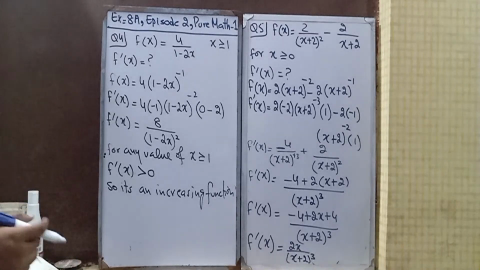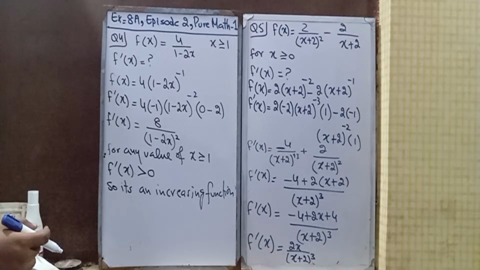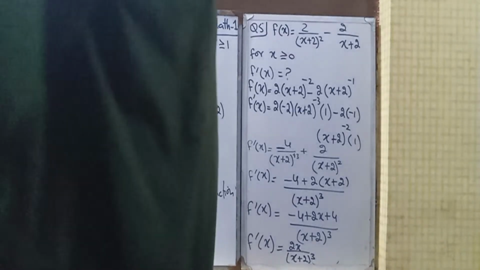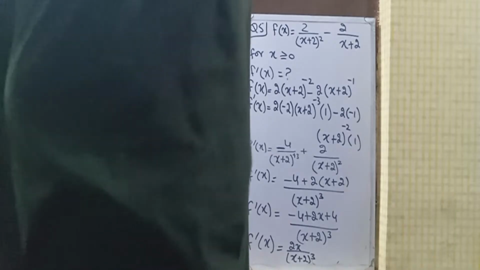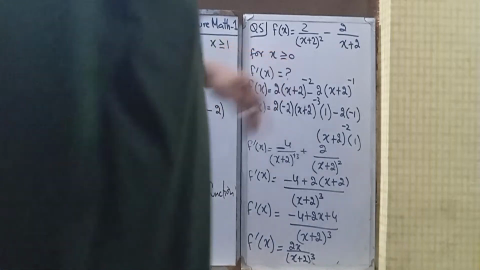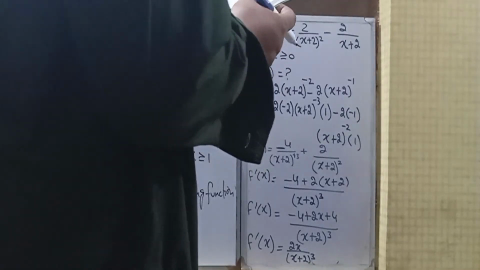Now, the derivative's answer is 8 divided by something.